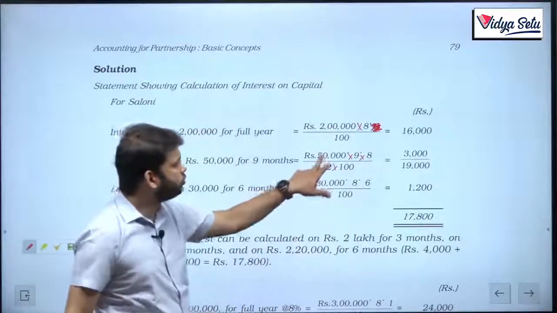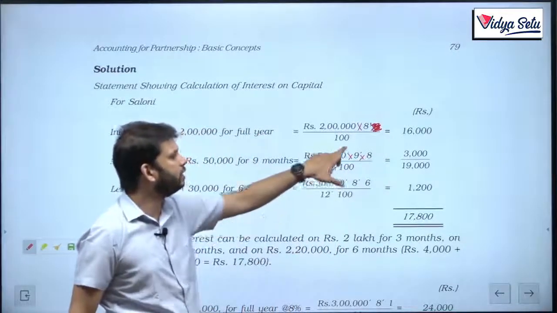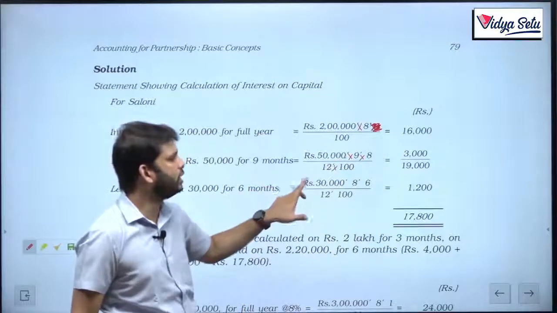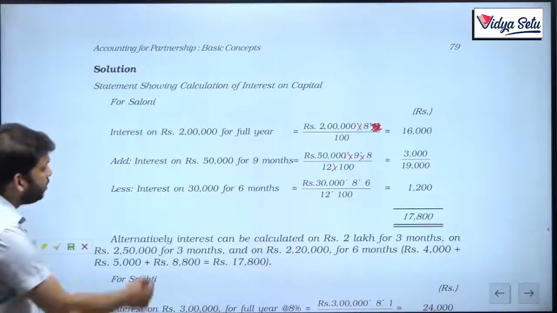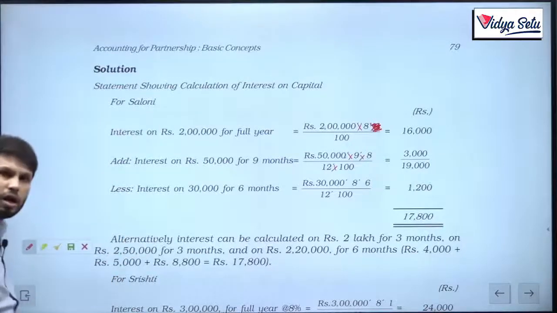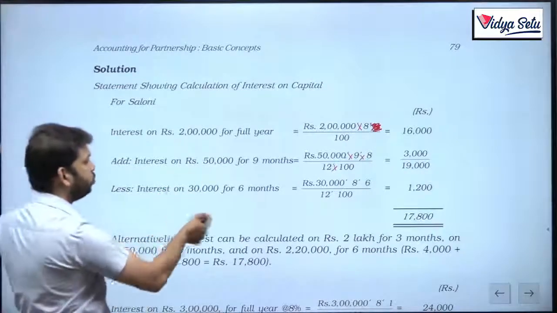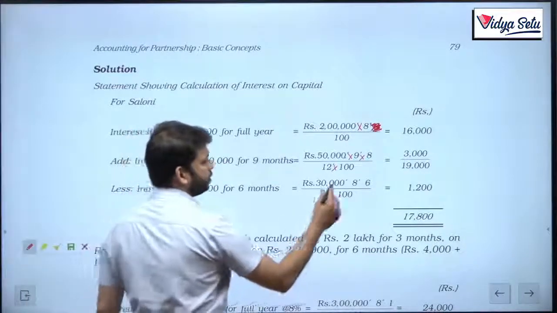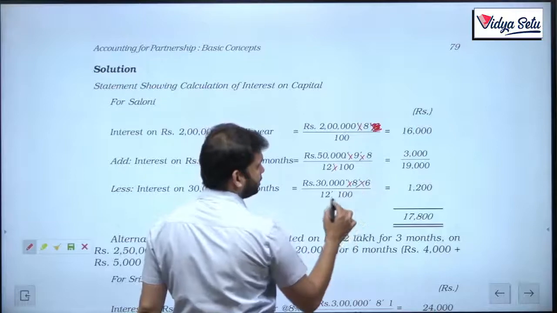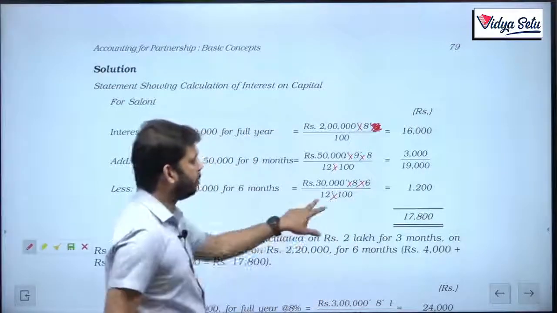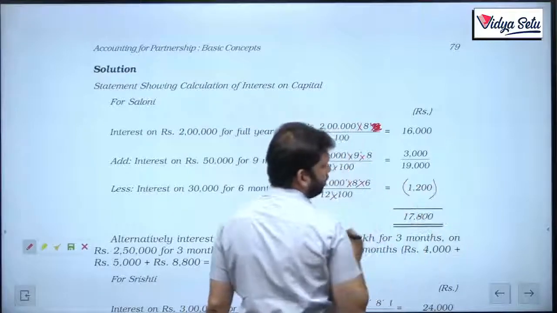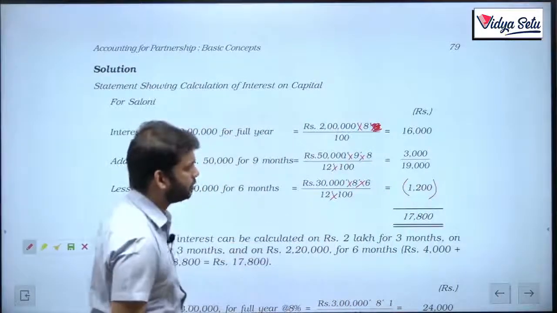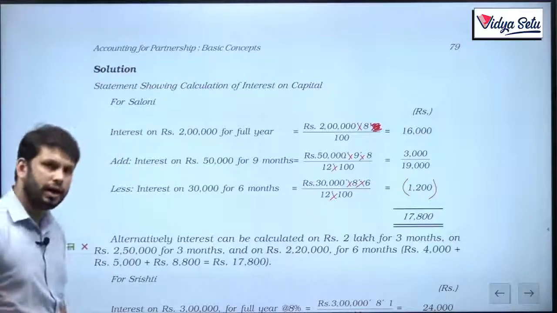So 50,000 at 8% for 9 months only comes to 3,000. Now he withdrew 30,000 on 1st of October. So how much interest will be on this? 30,000 multiplied by 8 multiplied by 6, upon 12 into 100, this 1,200 is deducted. So total interest comes to 17,800.